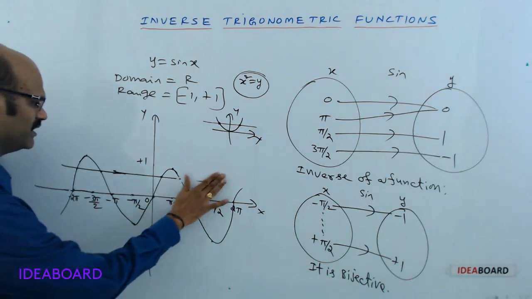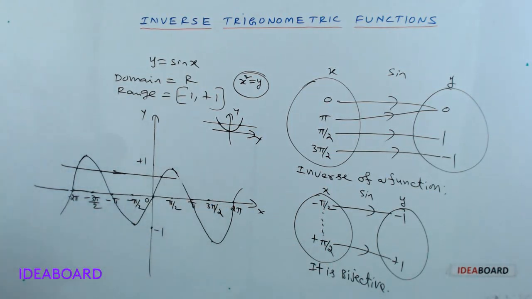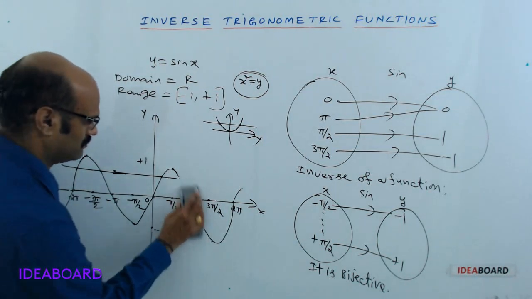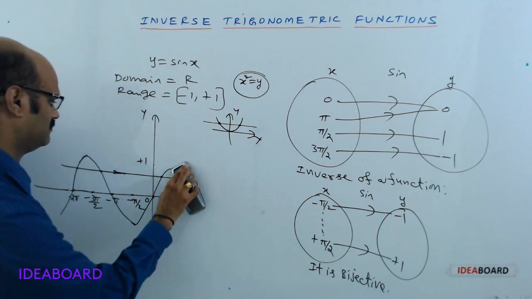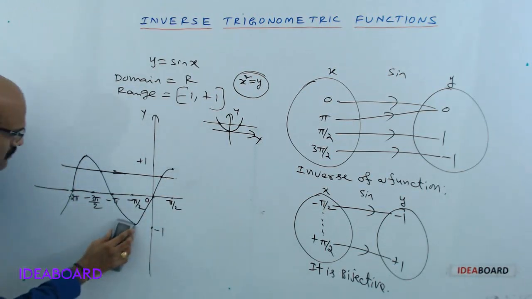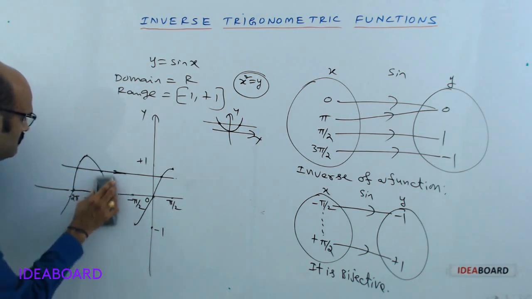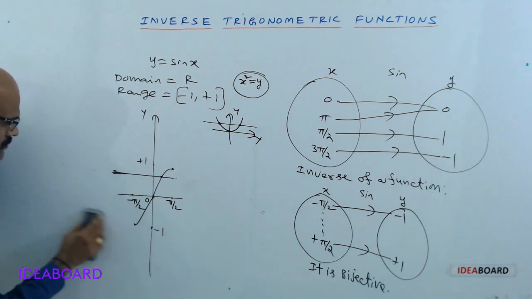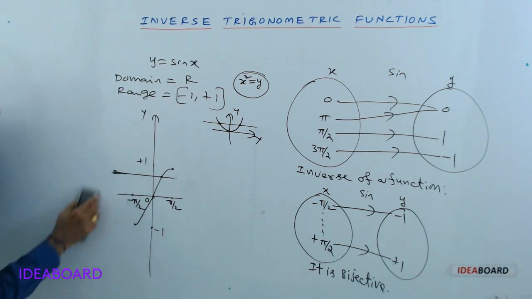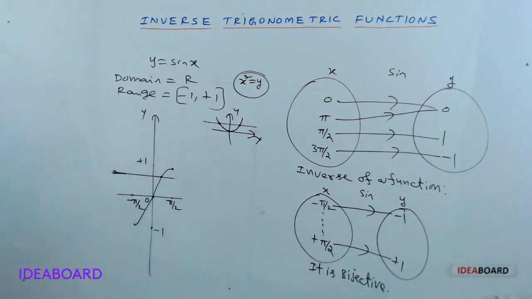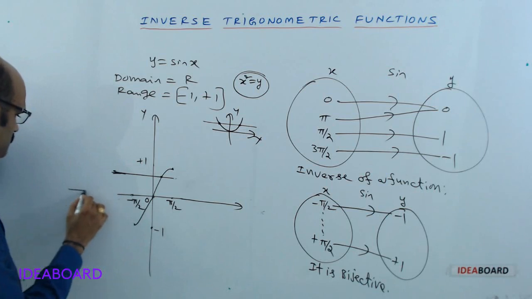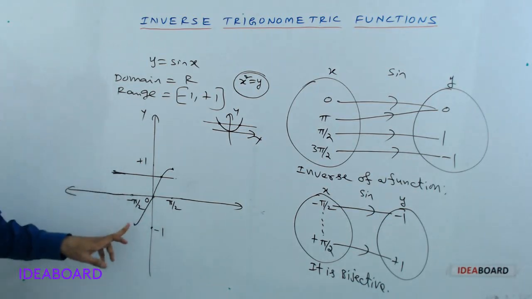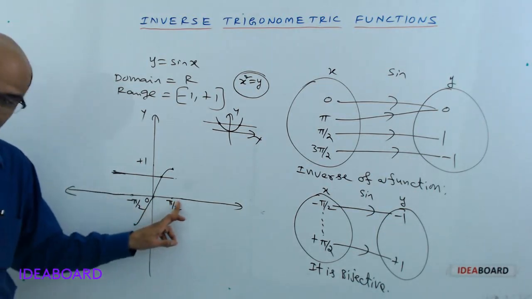Take the graph up to here, minus pi by 2 to plus pi by 2.